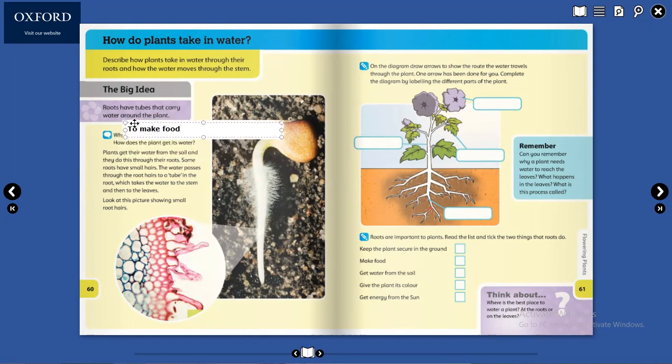Okay, this is one of the reasons. To make food, they need water. And the other question is, how does the plant get its water? From soil, through roots. Okay, that's what you will write here.